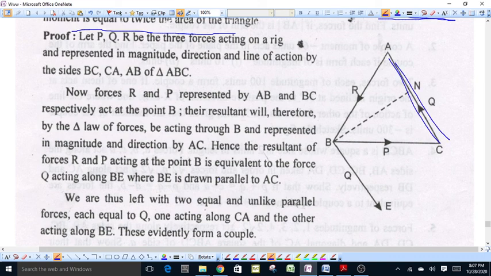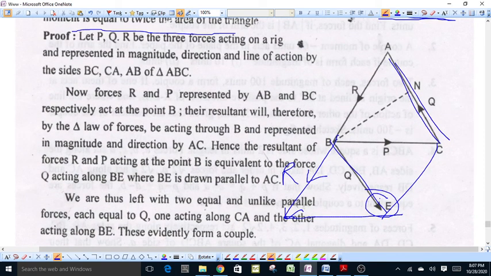Hence, the resultant of forces R and P acting at point B is equivalent to force Q along BE, because this force R can be represented by this vector. The magnitude of this force according to the parallelogram law of vector addition will be equal to BE.